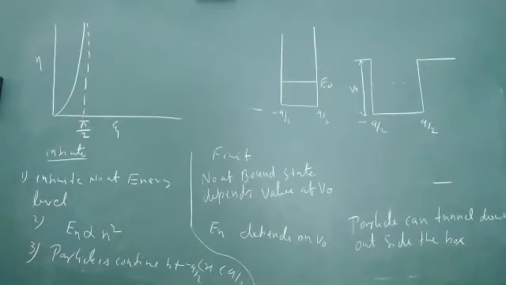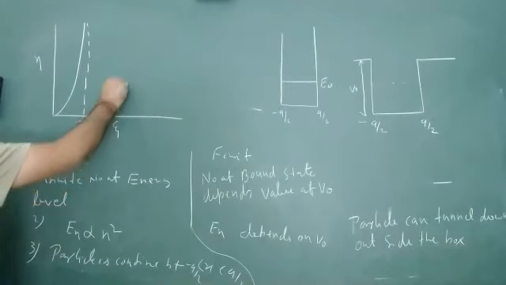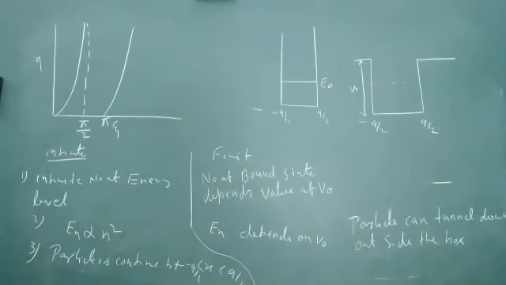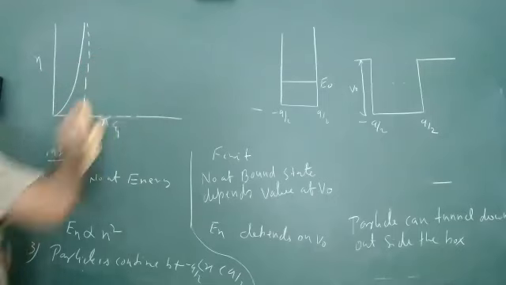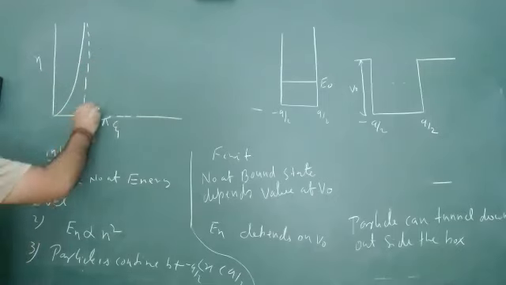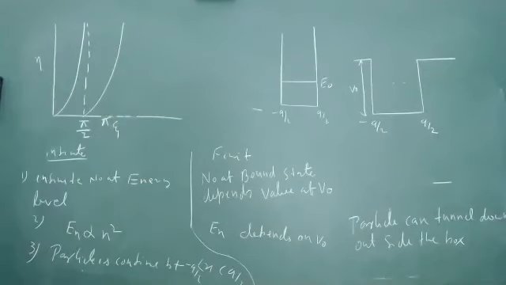Eta is equal to pi by 2. The second branch will start from pi. This is for the even states, and exactly from pi you have the second branch.